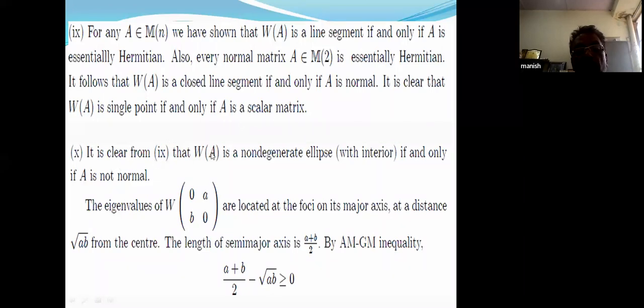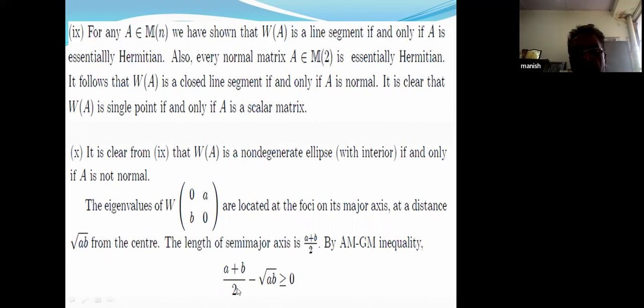Also, it is clear from 9 that W of A is a non-degenerate ellipse if and only if A is not a normal matrix. Also note that for this numerical range, that is the ellipse, this corresponds to this: A plus B by 2 is the length of the semi-major axis, and this is the distance of the foci from the center.